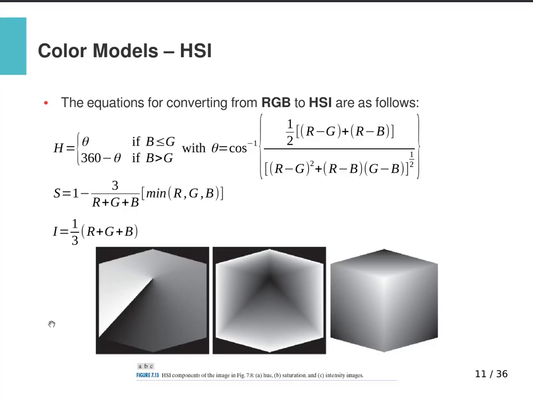But again, HSI is more intuitive when compared with RGB, because the way that humans describe different colors is more aligned with the color model of HSI rather than RGB.